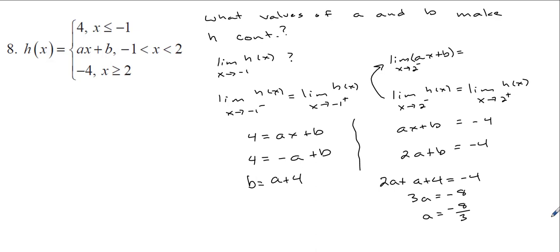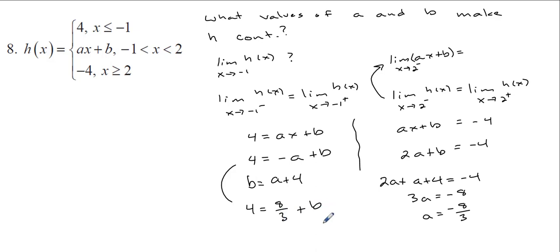Now we've got to substitute this back in somewhere to solve for b. Where's the best place to do that? There's the best place, and there's a couple other places we could do this too. You want to go right here? Okay. 4 equals, negative makes positive, 8/3 plus b.